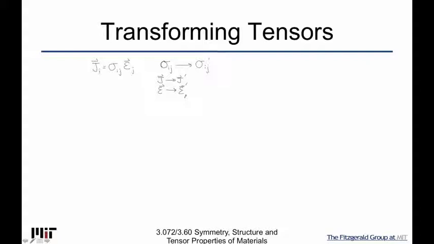In order to understand what's going on in the material, I need to bring them together. So in either case, I'd like to transform the sigma ij into that new.